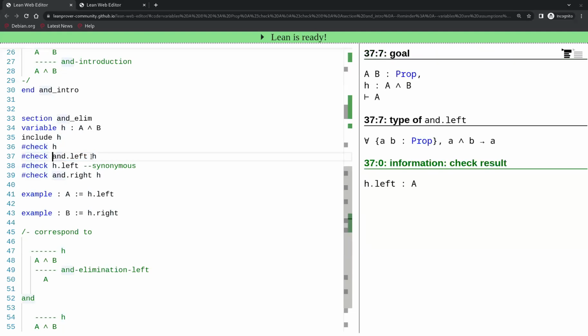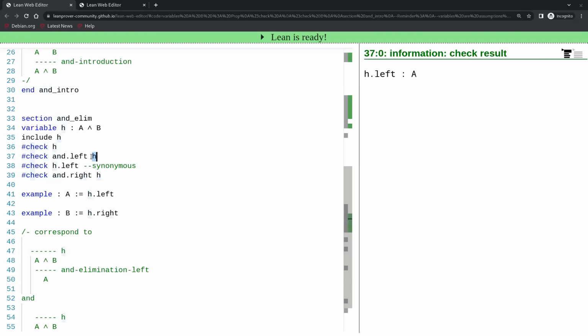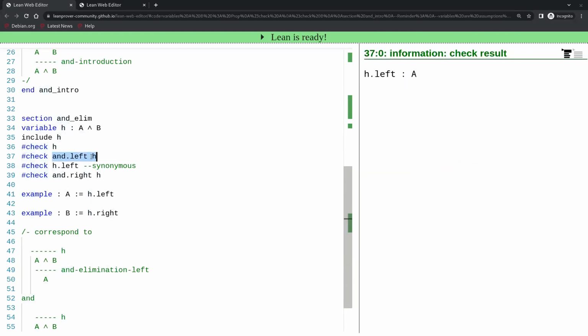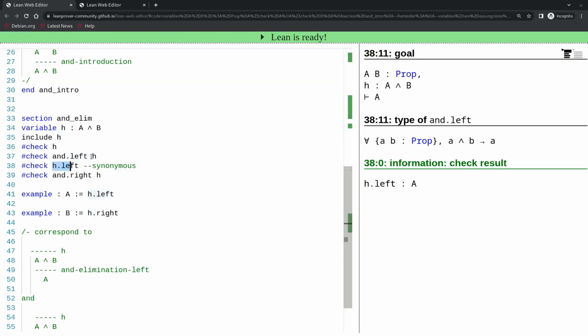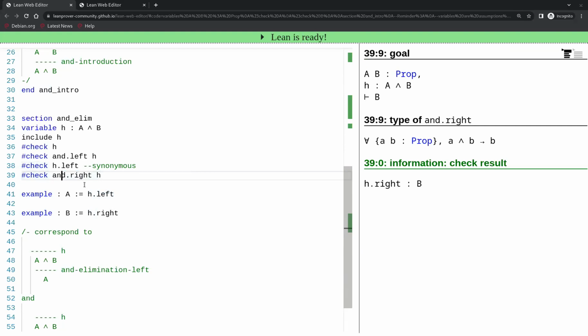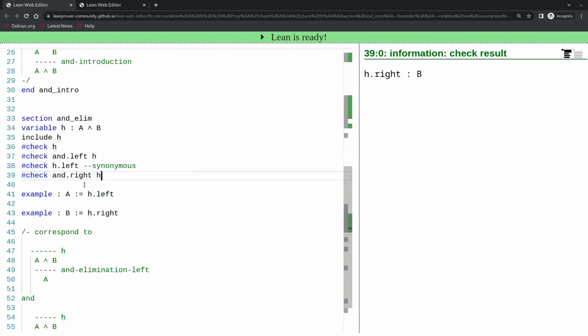So when H is a proof of A and B, then and.left applied to H is a proof of A. Synonymously, we can just write H.left. That's exactly the same as and.left applied to H. And similarly, we can use and.right of H to extract a proof of B from H.